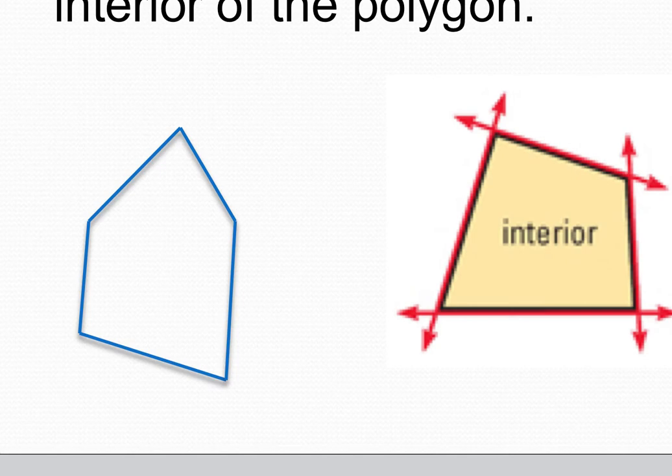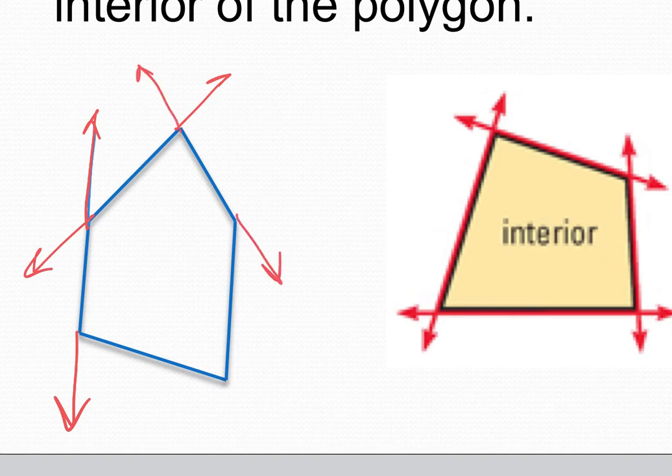Yours does. So if I look at the one on the left, obviously it's a polygon, so it met the first qualification. If I were to take and extend each of these sides out in both directions, none of these extensions cross into the interior of my polygon, which is what makes this convex. So that's your test, okay? If I extend any side, does it go to the interior of your polygon?